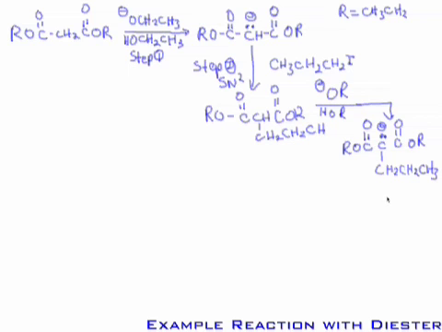Okay. And we could repeat that now with a different alkyl iodide. We could repeat step 2. So basically we're repeating step 3 and step 4. Step 4 just repeats steps 1 and 2.